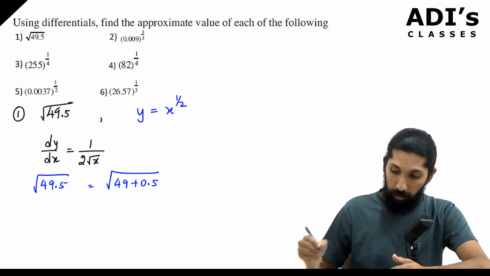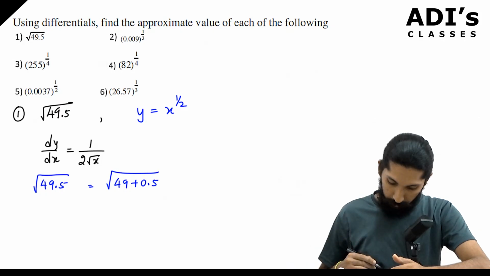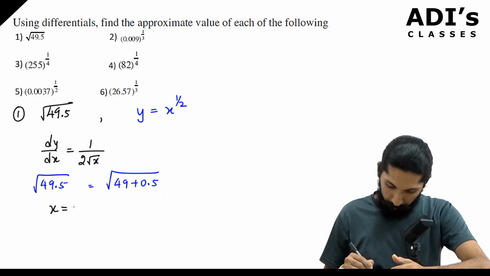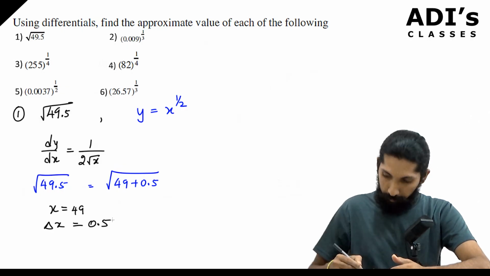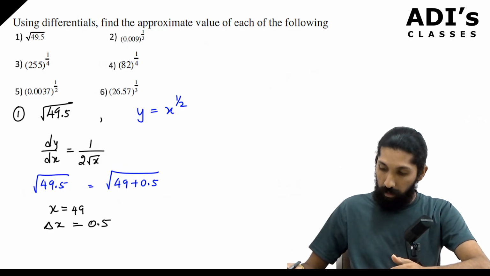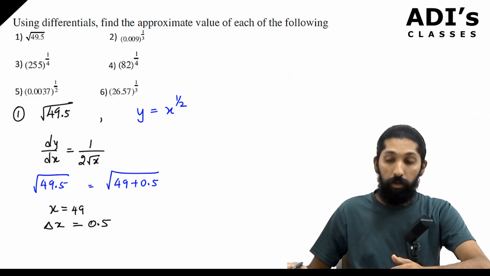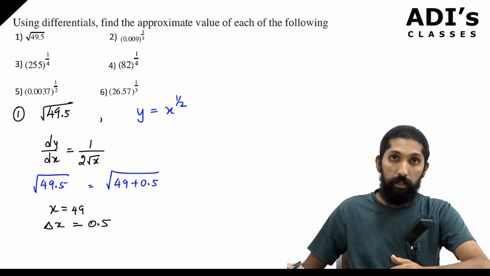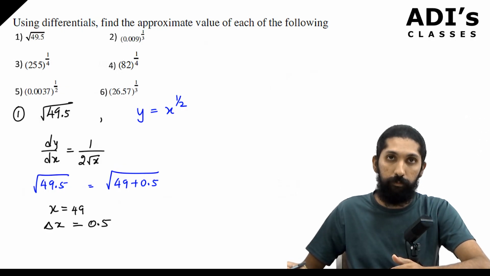So x value is going to become 49, delta x is going to become 0.5, correct? Once you have the value of x and delta x, the next thing we are going to do is apply the formula, all right?